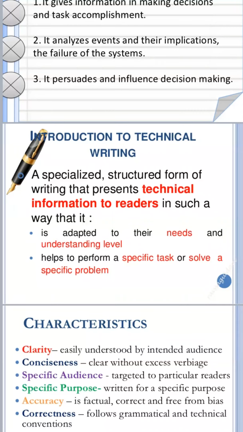If they are going to understand that technical writing clearly, that means the purpose of your document is going to be fulfilled. So it should be made according to their comprehension level. Don't make it so complicated that on the one hand it is not going to fulfill their needs, and on the other hand it is not going to give them a proper understanding of it.